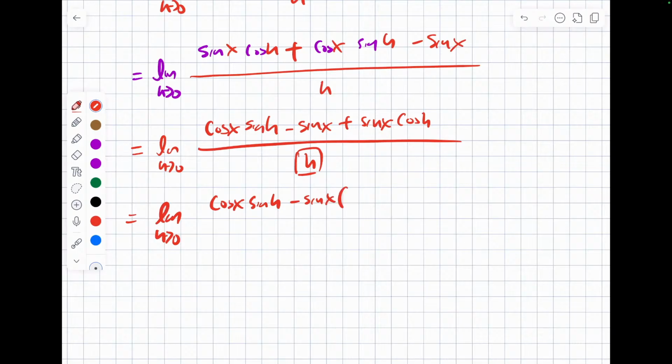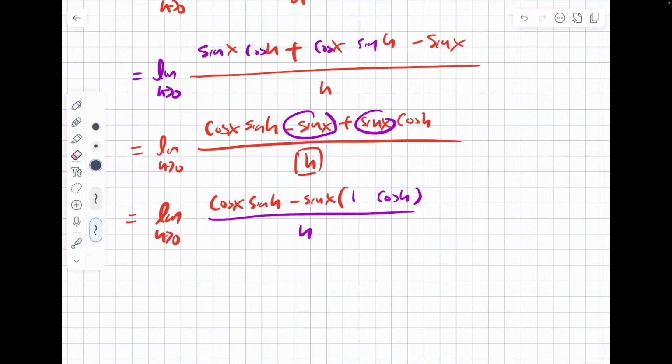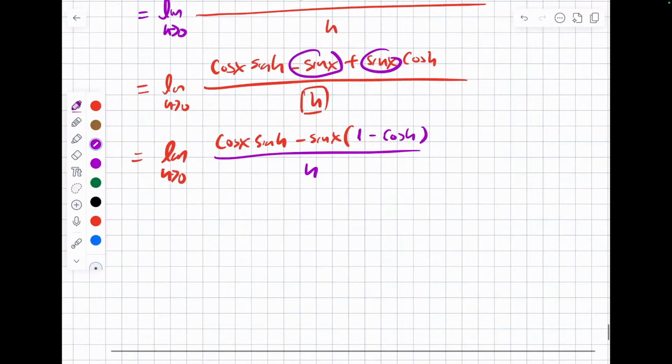If I factor out a negative sine of x under this term, what I'm going to get is 1 plus cosine of h over h before I split. Is this okay? Oh, sorry, it's not. And so 1 minus cosine of h. Now I can split them.